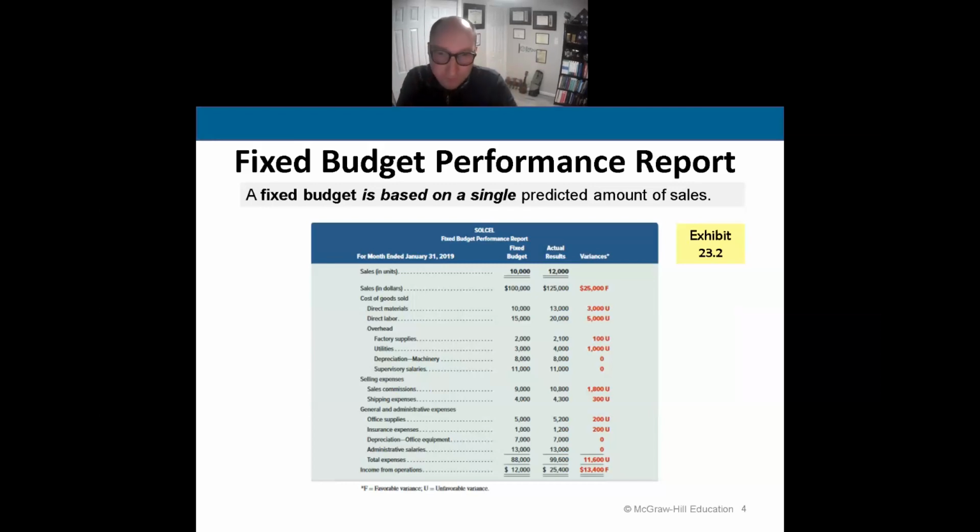Take a look at this. Sales. I budgeted for 10,000 units. I actually sold 12,000. That's a good thing, right? I sold more than I budgeted for. That's a great thing. I sold $125,000 worth. Budgeted for 100,000.